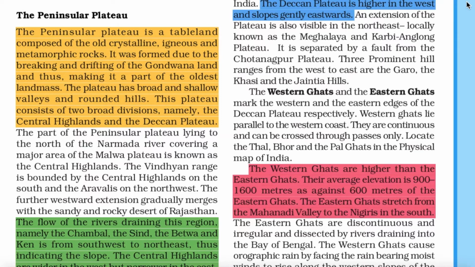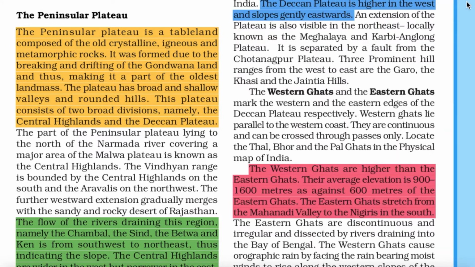The plateau has broad and shallow valleys and rounded hills. This plateau consists of two broad divisions, namely the Central Highlands and the Deccan Plateau. The part of the Peninsular Plateau lying to the north of the Narmada River, covering a major area of the Malwa Plateau, is known as the Central Highlands.